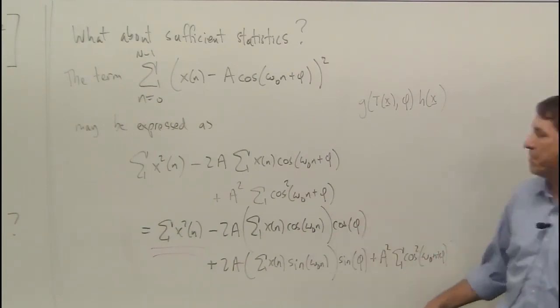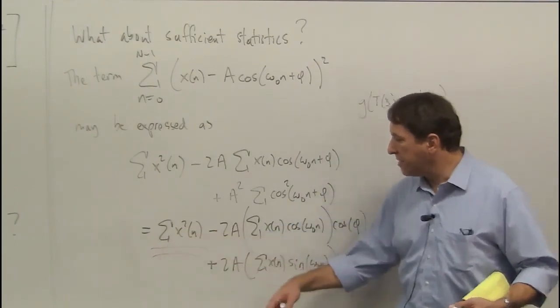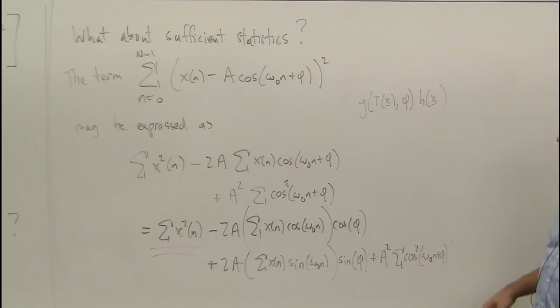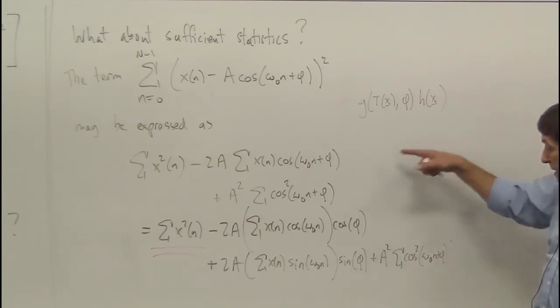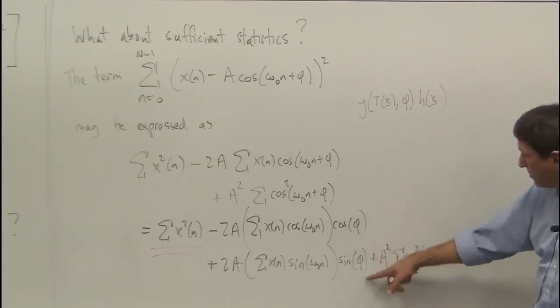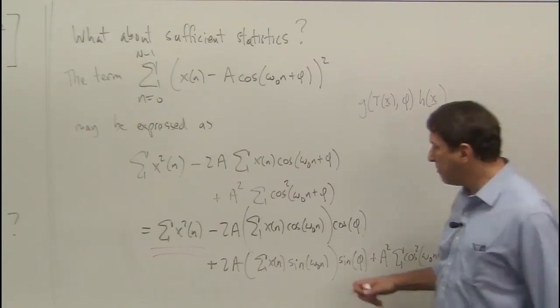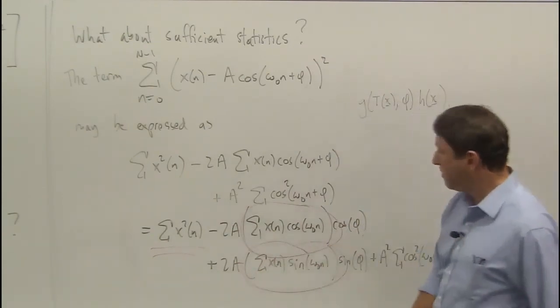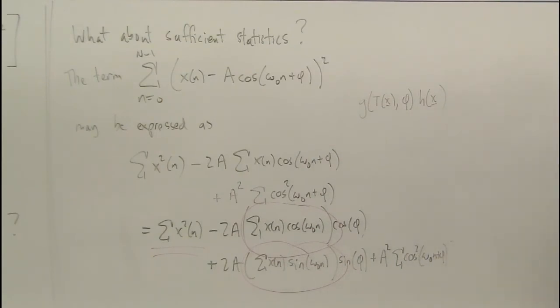So we get the exponential of this times the exponential of all this stuff times the exponential of this. And what we see is that the data-dependent part that relates to the parameters will be this term and this term. Okay?